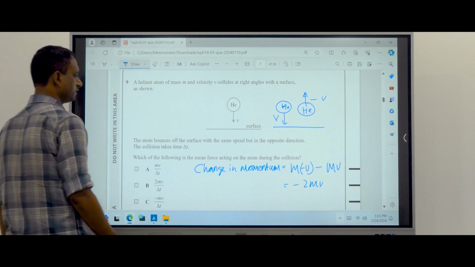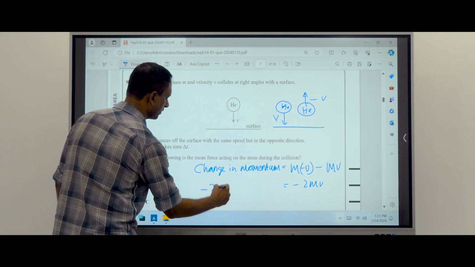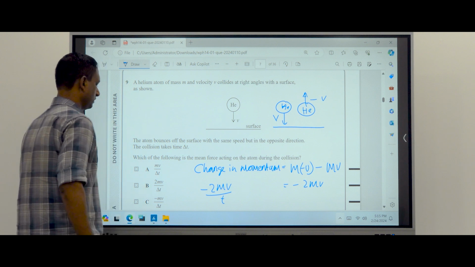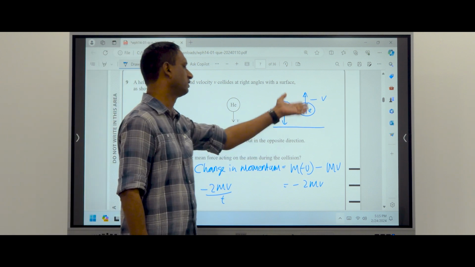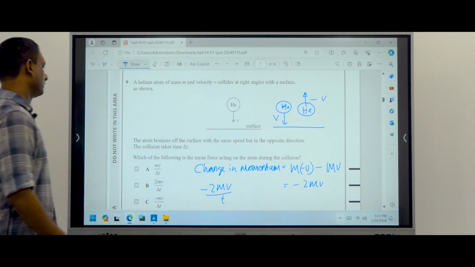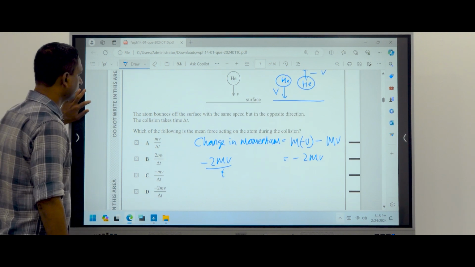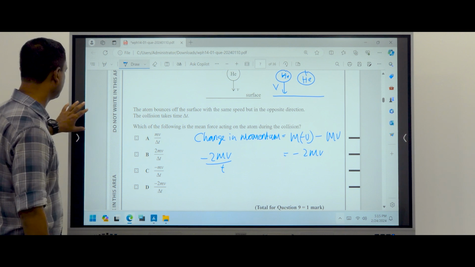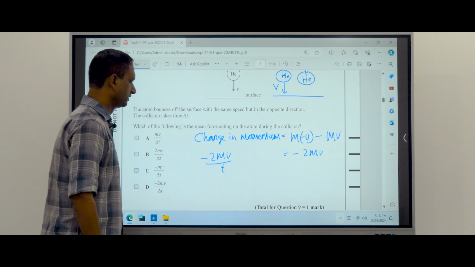Then force is rate of change in momentum, change in momentum divided by time. Minus 2 mv divided by time t. We know that if the direction changes, momenta will be added. But here the common misunderstanding is the minus sign.